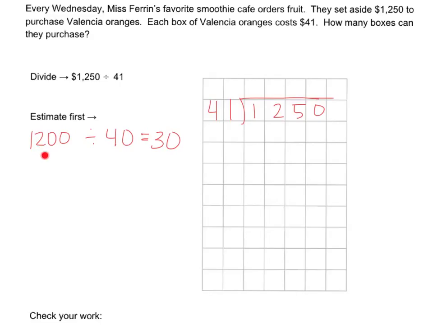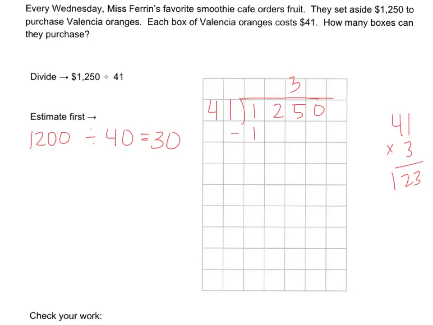Looking at my estimate, I said, well, that would be 30, so about like 3 times. So I'm going to try that. I'm going to do my work out to the side here really quick. And that's 123, so that would work really nicely. So my 3 goes above the 5 of the 1,250.